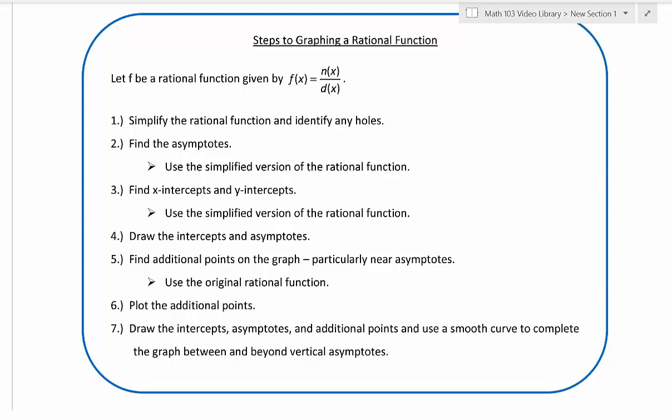Be sure when finding these additional points that you use the original rational function, not the simplified version. We'll plot those additional points and then draw in a smooth curve to complete the graphs between and beyond the vertical asymptotes.